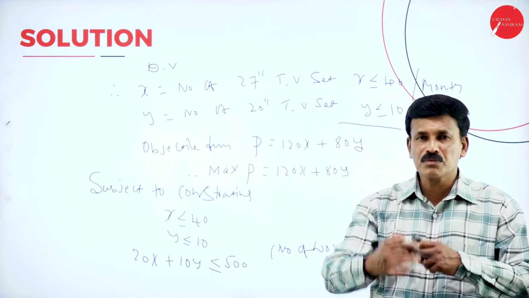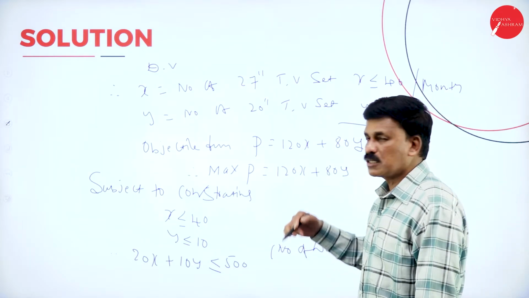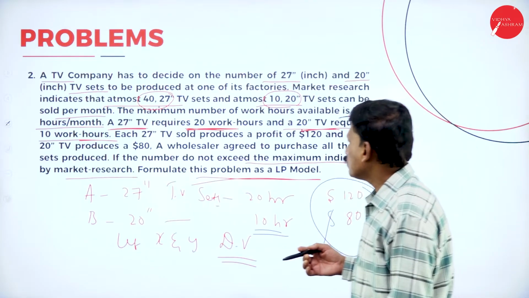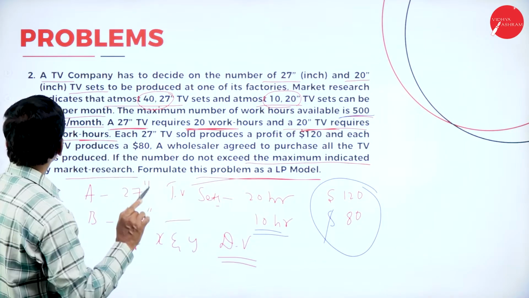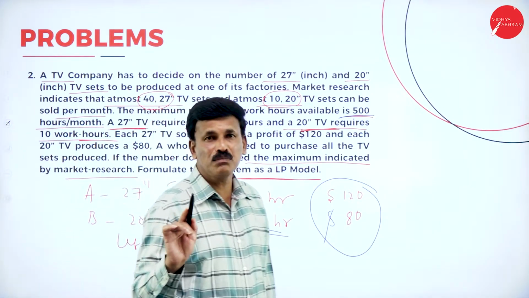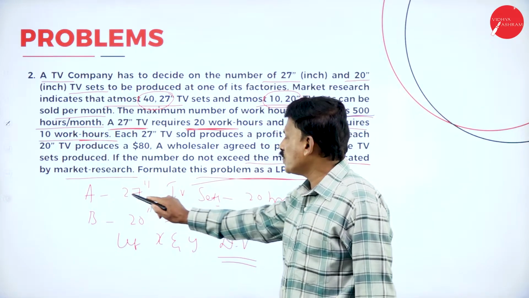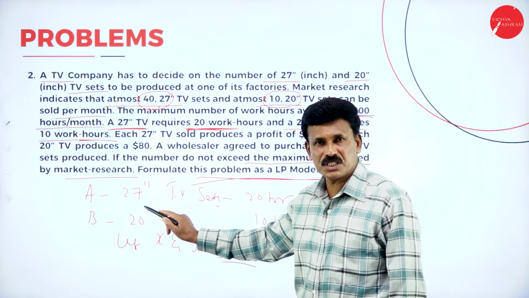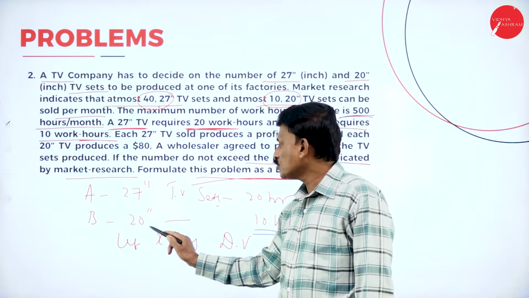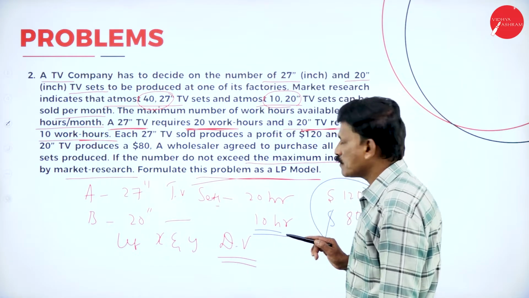Now let us put it in the form of steps. Listen to me, I'll explain once again. A TV company has decided to manufacture two types of TVs. Consider A as 27 inches TV and B as 20 inches TV sets.